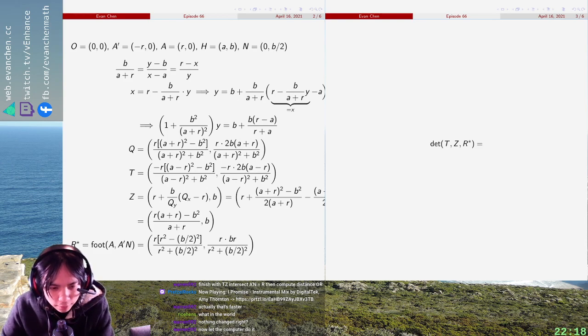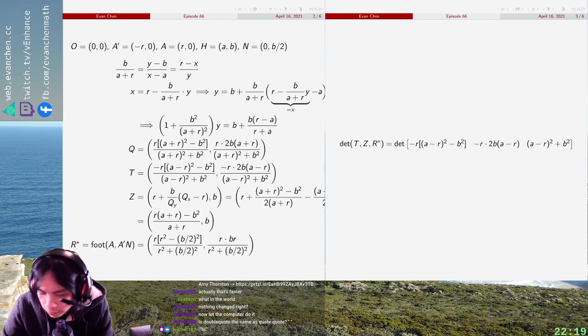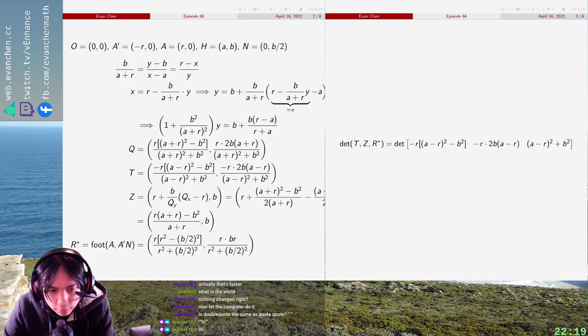So once you remove the constant factors, you get here, minus R, A minus R squared minus B squared. Minus R times 2B A minus R. A minus R squared plus B squared. That's the first row. Next row is B, A plus R, and R, A plus R, minus B squared.